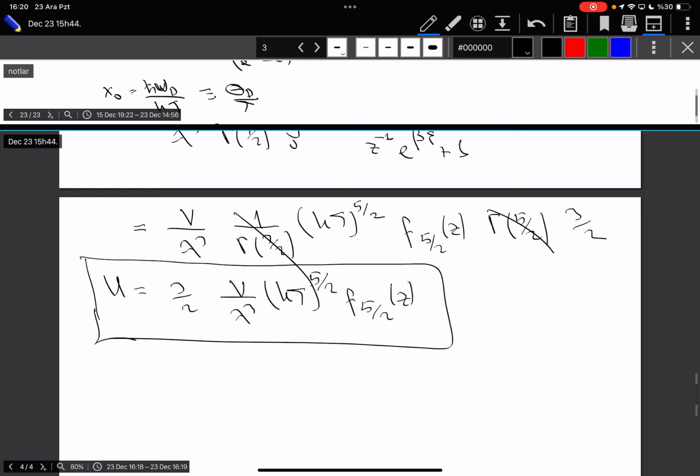You see, whenever you make some derivation, especially if you are jumping some steps as I did now, the first thing you should check at the end of your computation, even while you are doing the computation, is the units. The units should be correct. Because f functions, the way we define them, are dimensionless. V over lambda cubed is dimensionless.